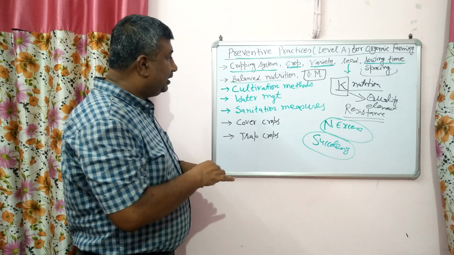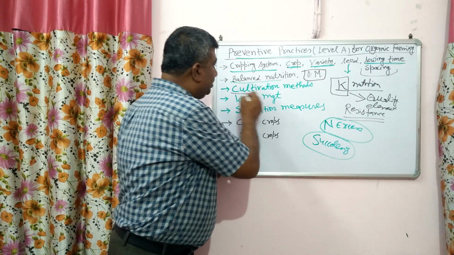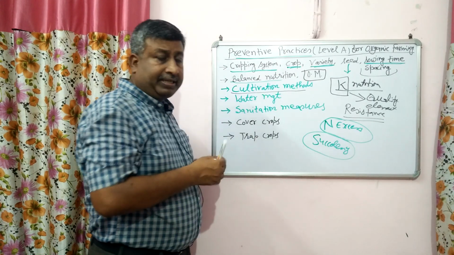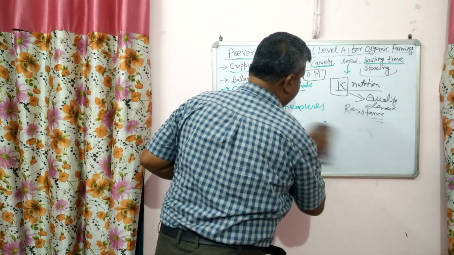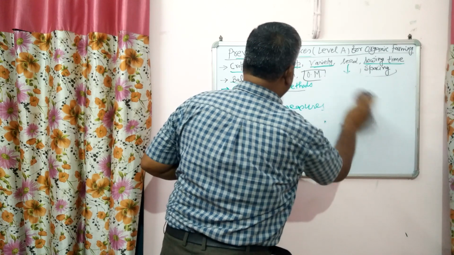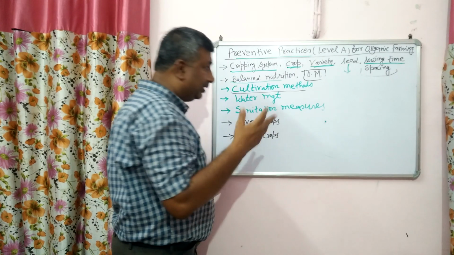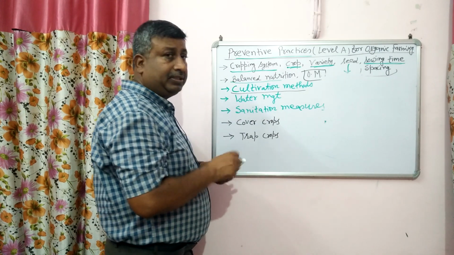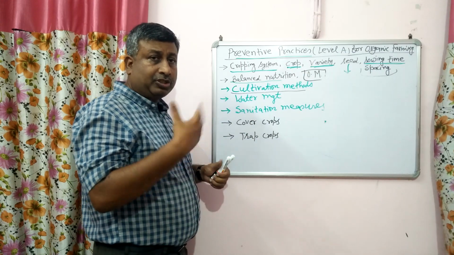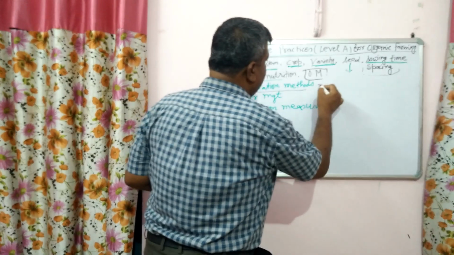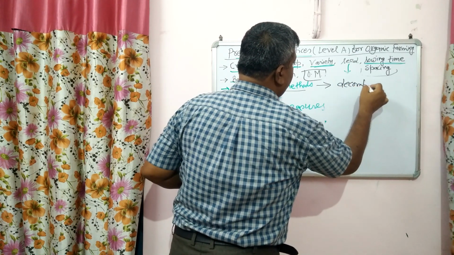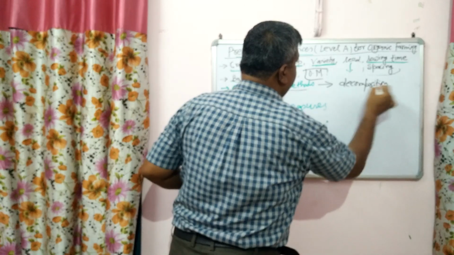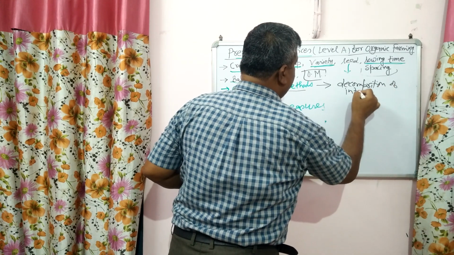Then cultivation methods. Actually, these cultivation methods are tillage practices, and tillage practices are actually done to prepare the seed bed. But in the case of these preventive methods, the tillage practices oxidize the soil because they till the soil. So these are helpful for decomposition of infected plants.